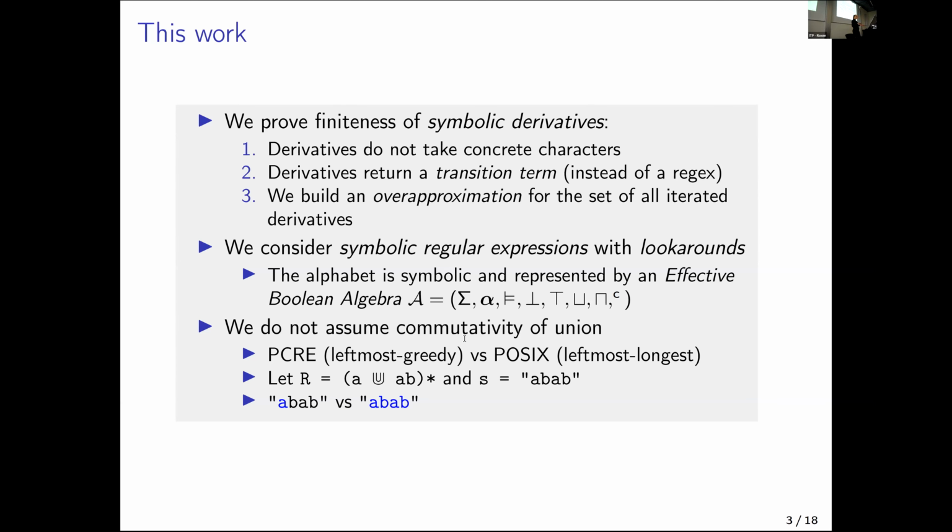Therefore, the match just contains the prefix A, whereas POSIX will consume the entire string. And under PCRE semantics, union doesn't really behave as we would like it, and commutativity does not hold. The reason why it's interesting is that the majority of industrial regular expression engines actually implement PCRE.